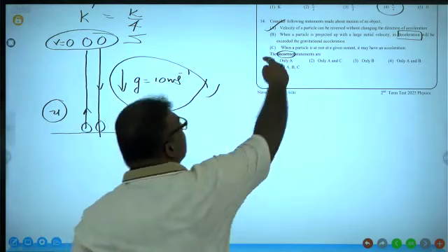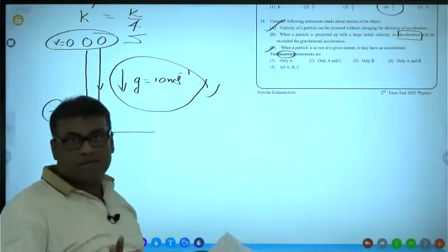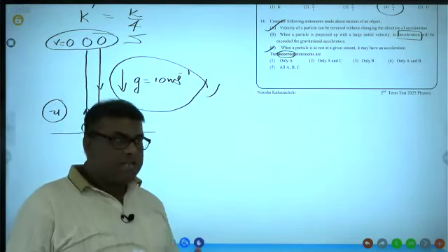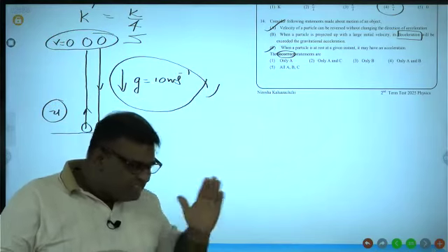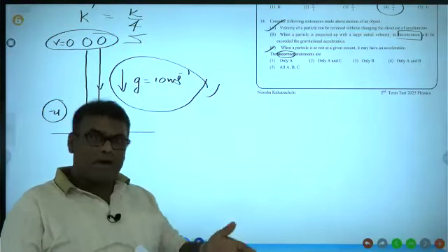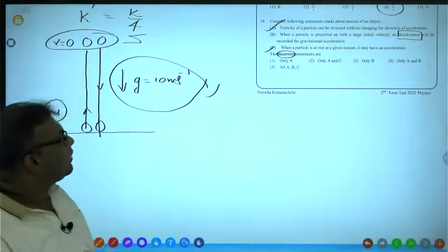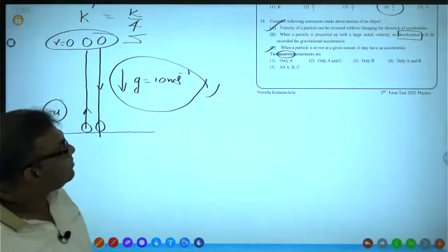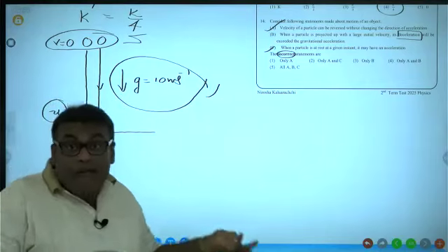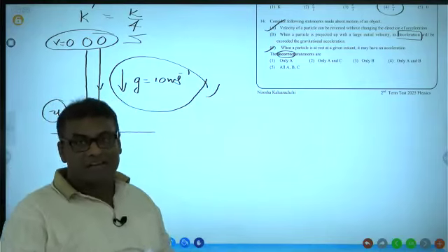It is possible, no? If you are given a certain statement and you can identify just one point of availability of the statement, that statement is correct, right? When the particle is at rest at a given instant, it may have an acceleration.